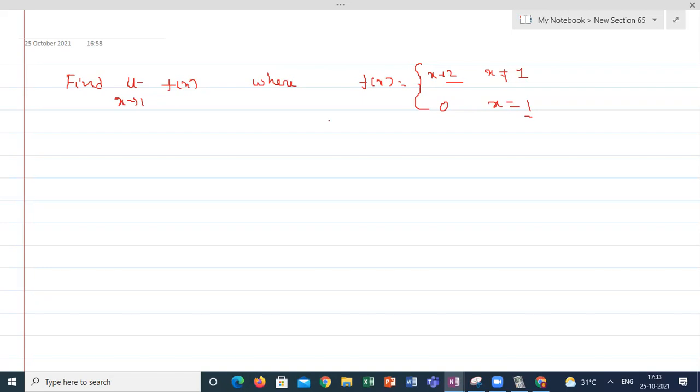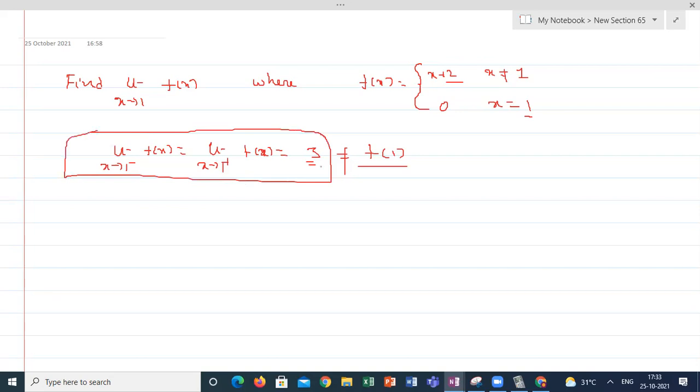What is your answer? I'm getting the answer like this. Limit x tends to 1 minus f of x is equal to limit x tends to 1 plus f of x will be equal to how much? You will get 3. But it is not equal to f of 1. Even though it is not equal to f of 1, both the limits are approaching to the same value.